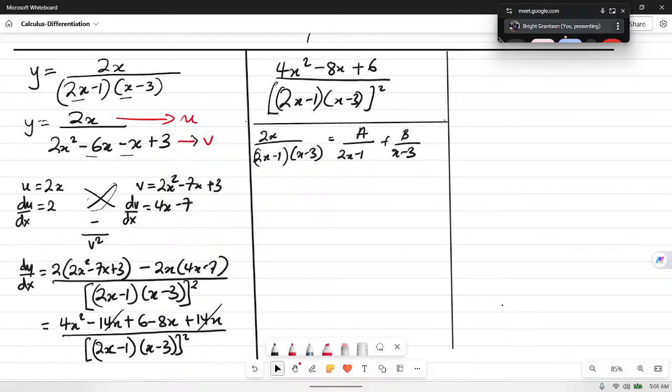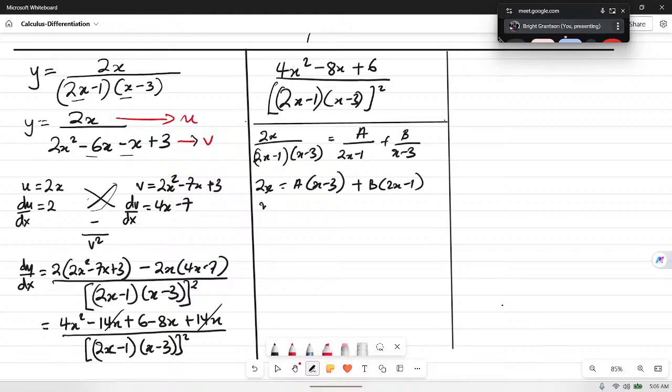When you multiply through by the LCM, you're going to get 2x equals A(x minus 3) plus B(2x minus 1). Basically equate these factors to 0 to get the values of x needed to make it easy.